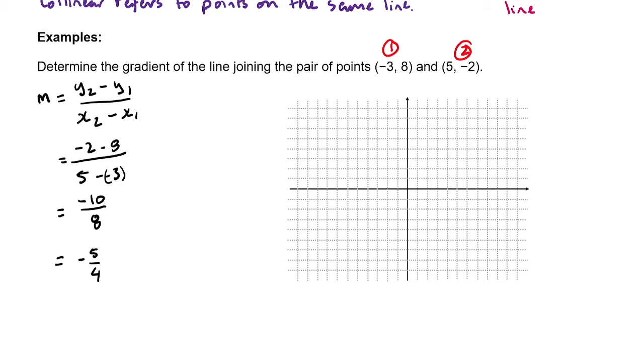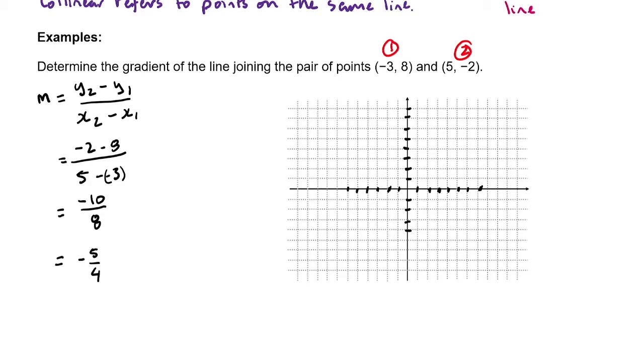So that's what that one looks like. Let's have a quick look and see how it's going to work on the graph. Let's put in some points. When you're putting in your points on your graphs, you don't need to go super overboard.